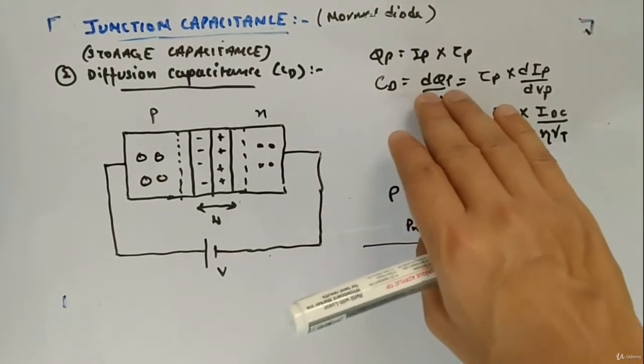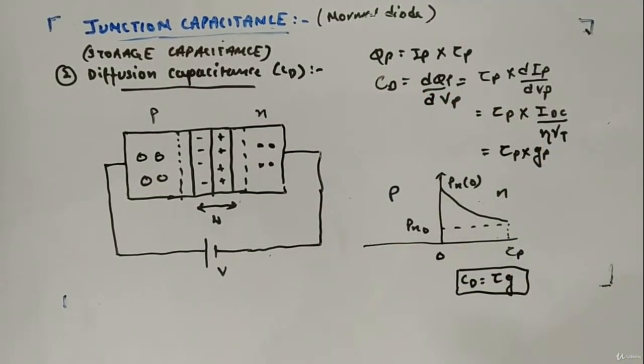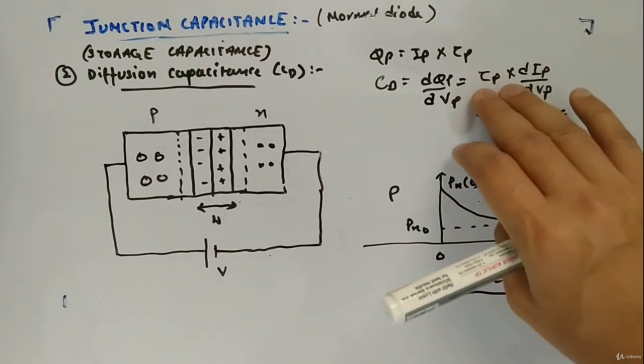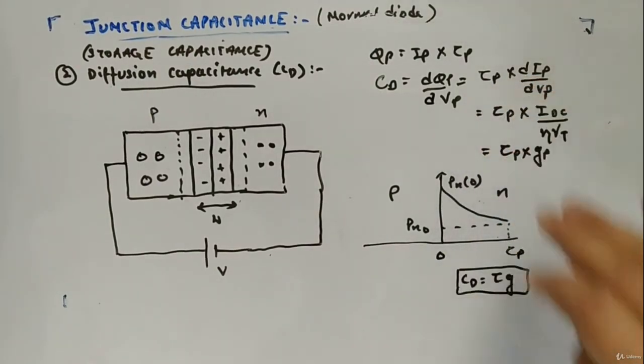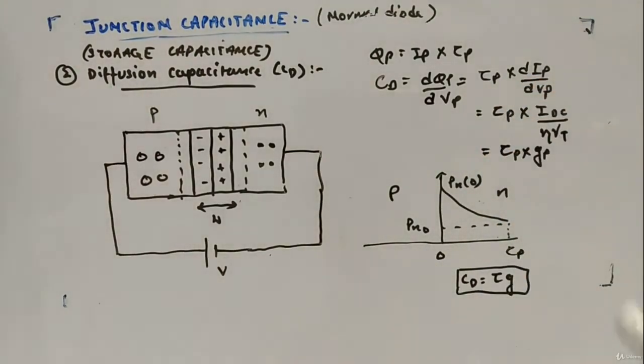So CD will be dQp divided by dVp, which can be written as tau p into dIp divided by dVp, and this dIp divided by dVp is equivalent to IDC divided by eta Vt. IDC is the DC forward bias current which flows across the diode, eta is the ideality factor, and Vt is the thermal voltage equivalent, which you can represent by Gp.